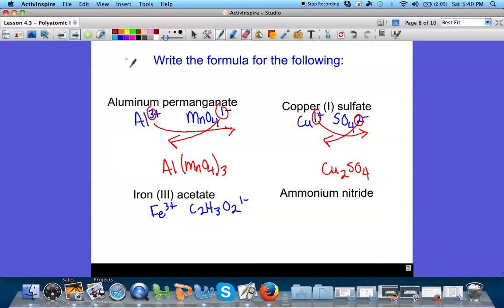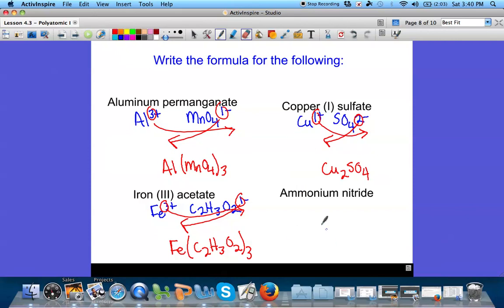We're going to crisscross here. So we have Fe in parentheses C2H3O2. We're going to have 3 of those acetates.